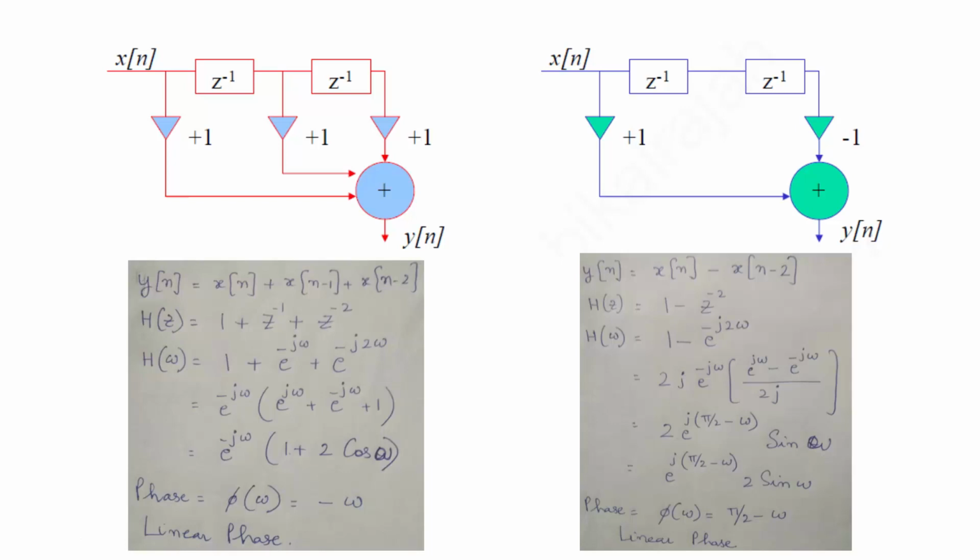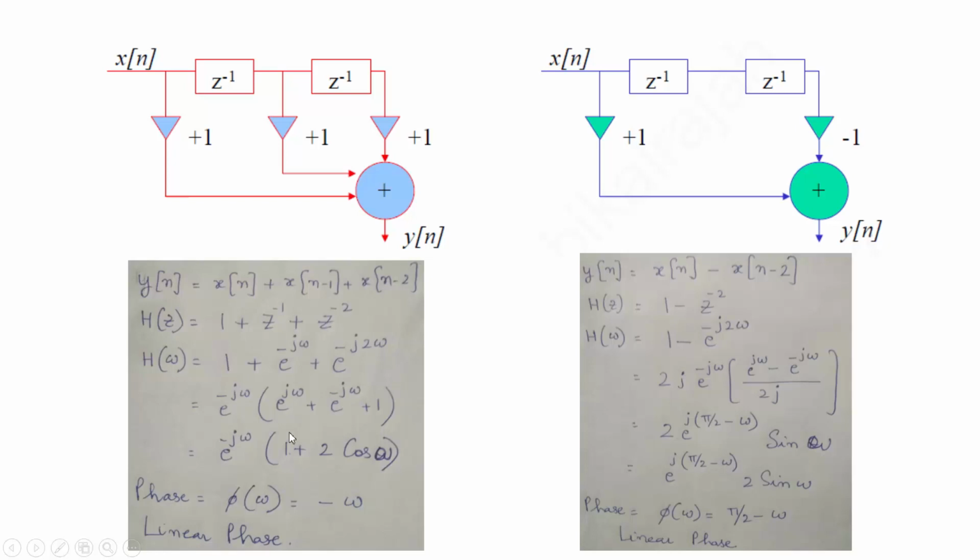We are replacing z with e to the power j omega, but we will write it as H(omega) just for simplicity. Solving this expression, you will get 1 plus e to the power minus j omega plus e to the power minus j2 omega. If you take e to the power minus j omega outside the bracket, the relationship will be reduced to this one.